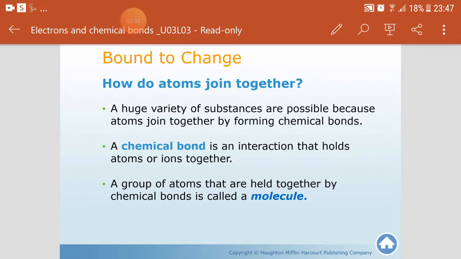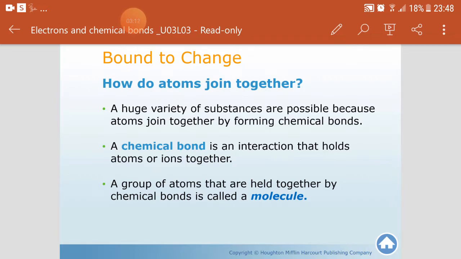So when atoms or ions are held together by interactions, these interactions that hold the atoms or the ions together, this is what we call a chemical bond. So finally, chemical bonds will make new compounds for us, right?